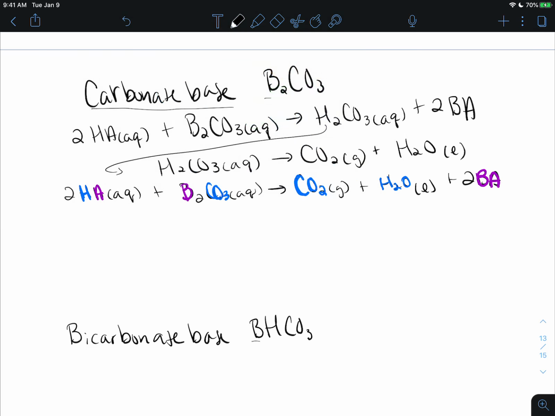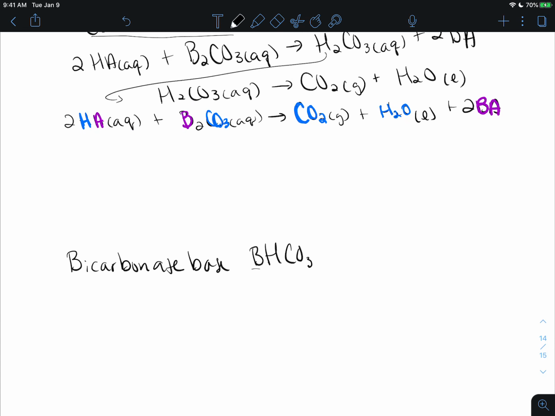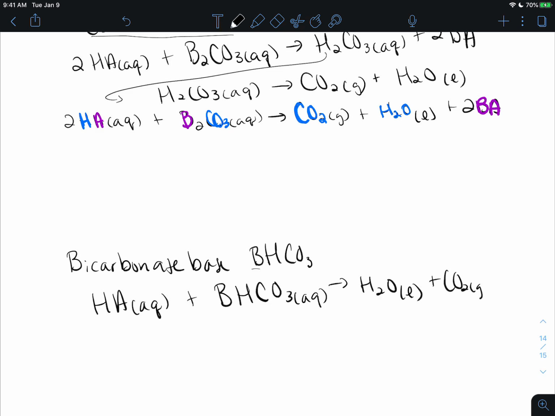Okay. Last one, bicarbonate base, is going to be very similar. We're going to have just a little bit different stoichiometry here. So when these two react, it will produce water, carbon dioxide, and a salt.